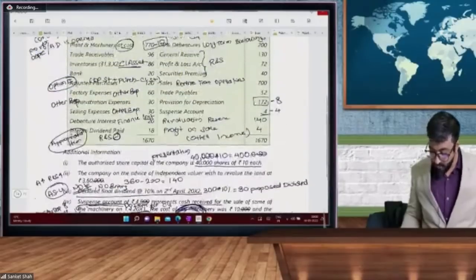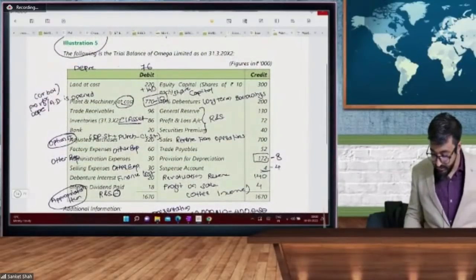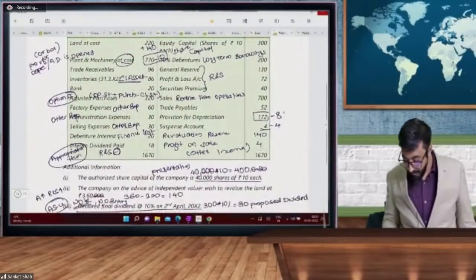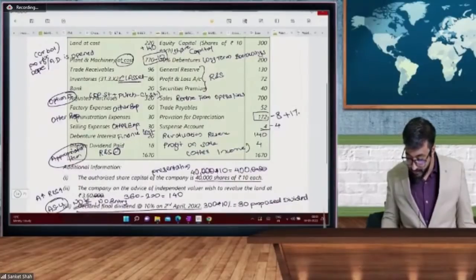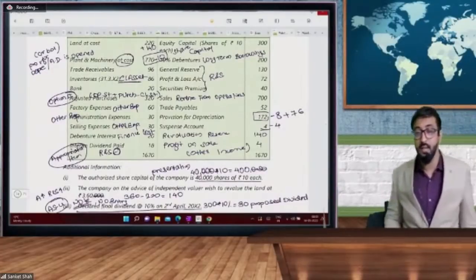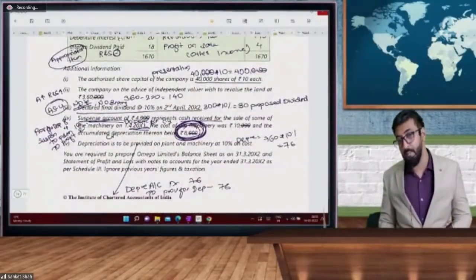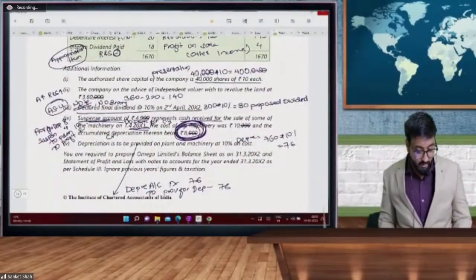So I will write one item on the debit side, depreciation 76, and I will add it in provision for depreciation 76. So this is my updated trial balance. So first thing you have to do in this question, update your trial balance by looking into adjustments.